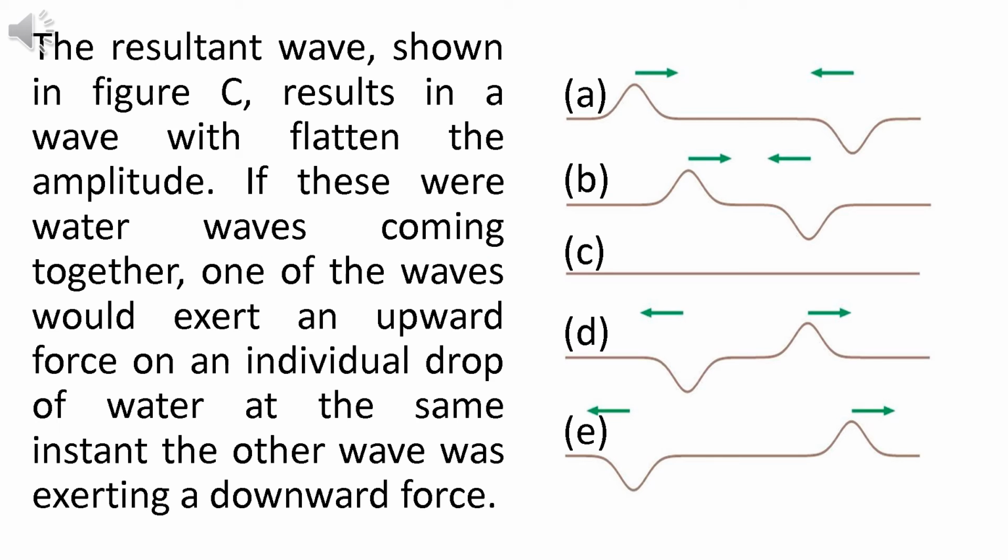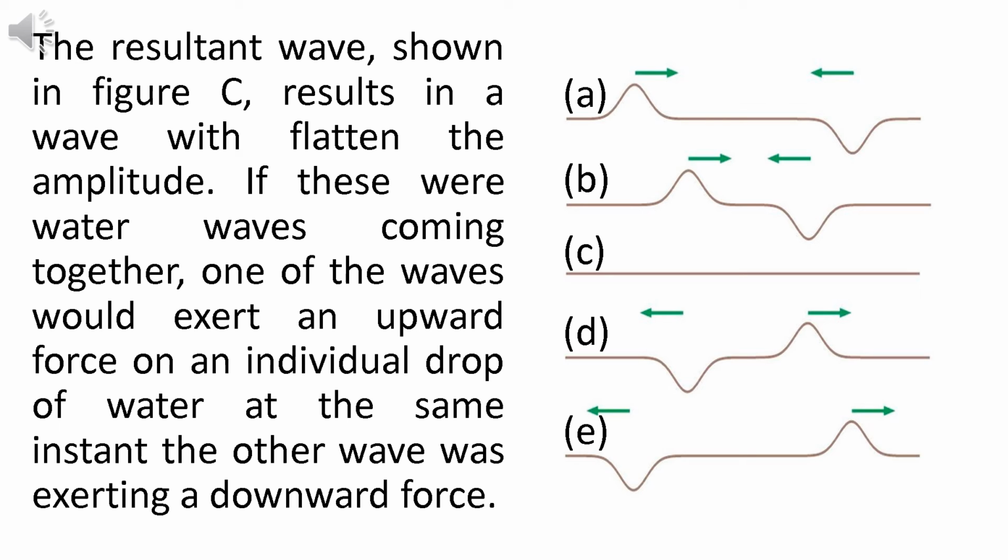The resultant wave shown in figure C, this is the figure C, results in a wave with flattened amplitude. Okay? So if these were water waves coming together, one of the waves would exert an upward force on an individual drop of water. At the same instant, the other wave was exerting a downward force.